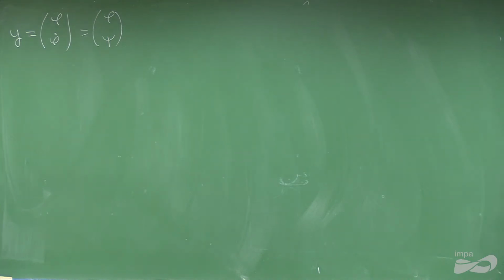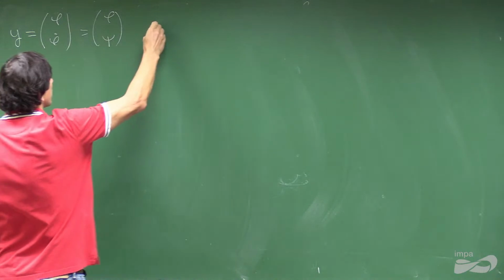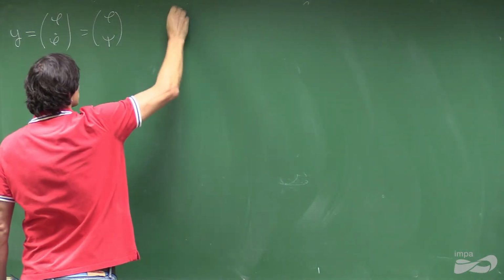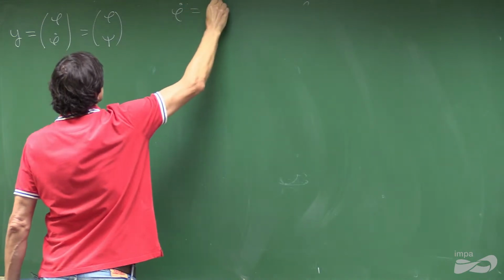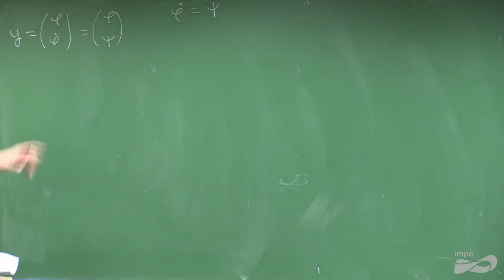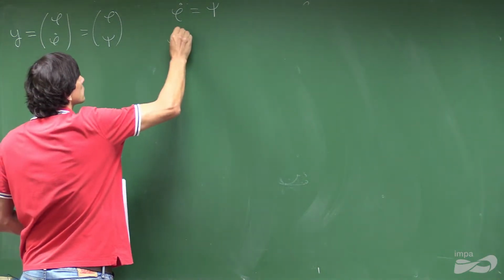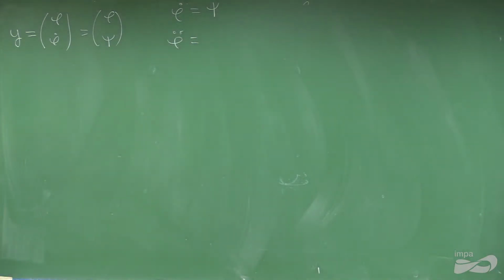Now we can find the equation for the derivative of this vector. The first component is just a definition. And then the second component, phi double dot, is this expression from the right.